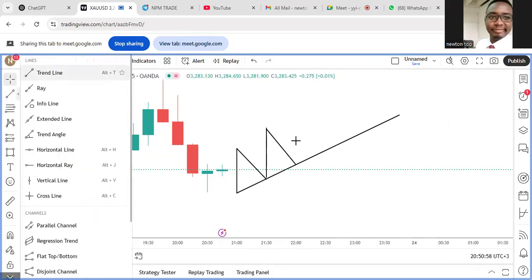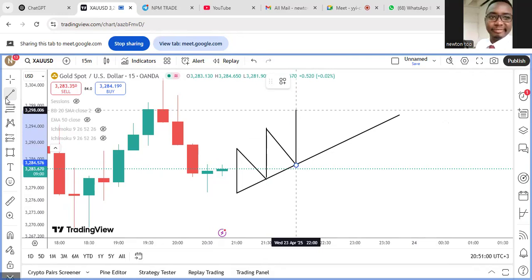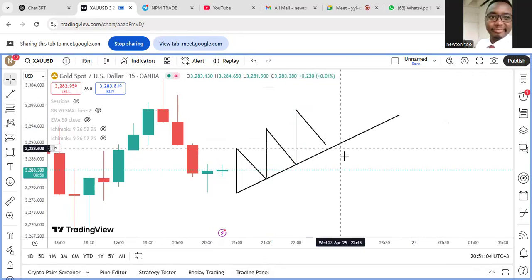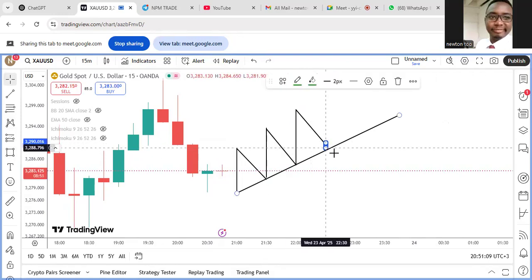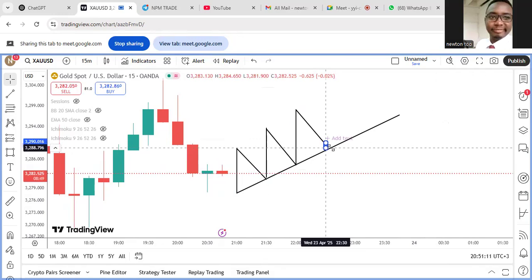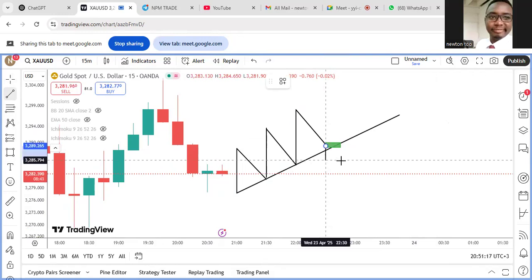Then again the market goes, for example, like this, then goes down again. Then here, of course, we expect to buy. So let's say here we have a hammer on the 15 minutes time frame, something of this sort.